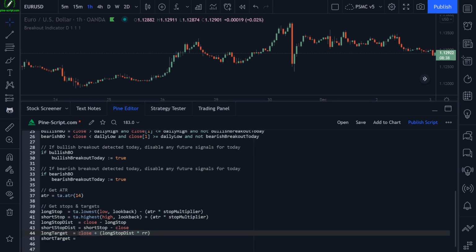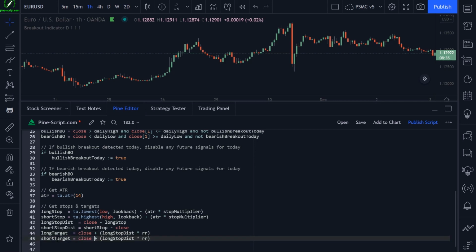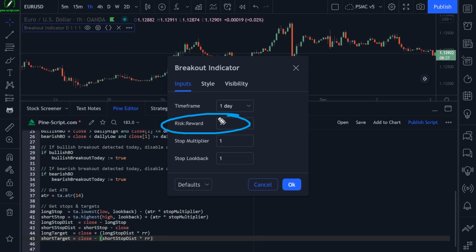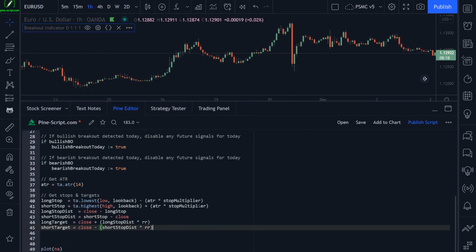I can copy this, paste it down here. Our short target is going to be the close minus our short stop distance multiplied by our risk reward setting. So by default, we're just getting a 1-to-1. So our take profit is the same distance as our stop loss. So now if I save my code, hopefully we get no errors. There we go. Everything's good.